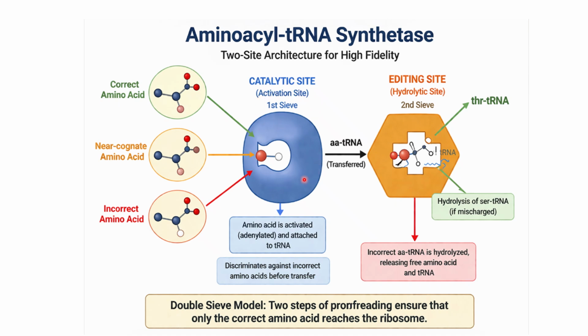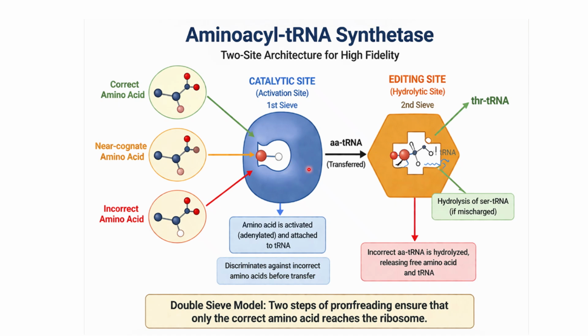At this activation site, checking for the size and the structure of the amino acid is done. Incorrect amino acids that are too large and very different from the correct amino acid are immediately discarded. However, the near-cognate amino acid, smaller than the correct amino acid, and the correct amino acid may pass through this first sieve.